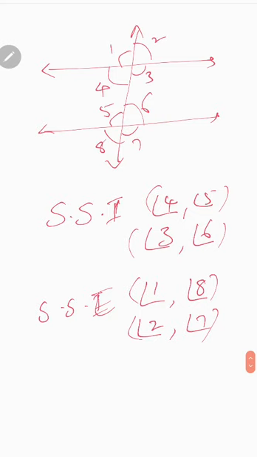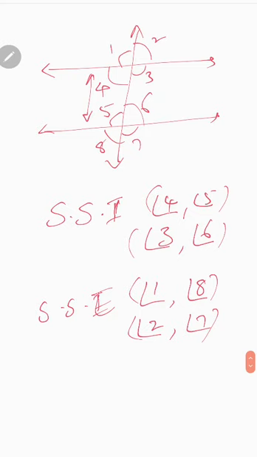These are same side interior and same side exterior angles. So what is the relation between these two angles, 4 and 5 for example? Angle 4 and angle 5 are on the same side of the transversal. These two angles are same side interior angles.